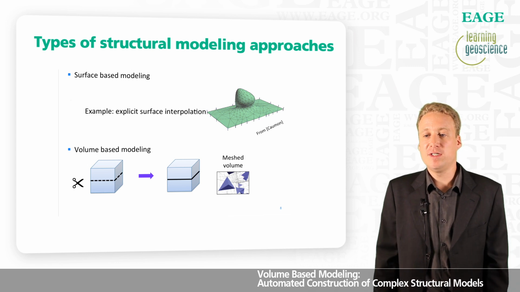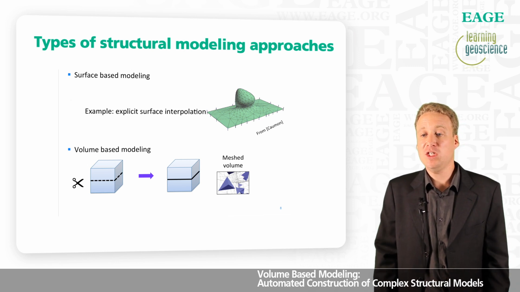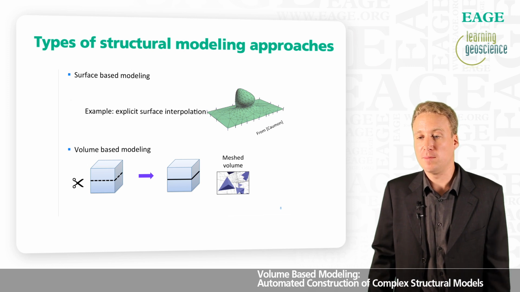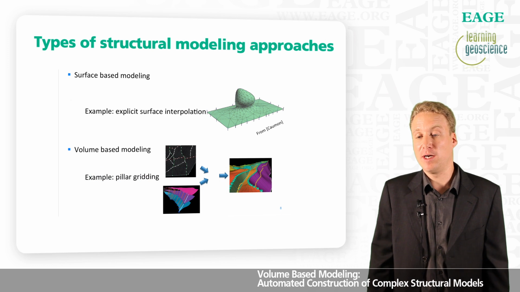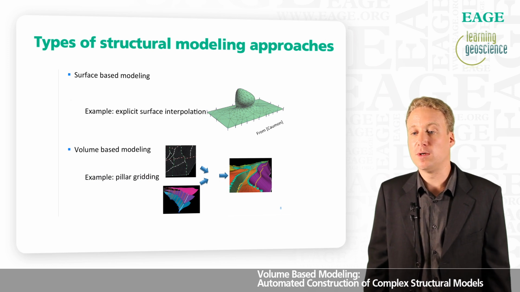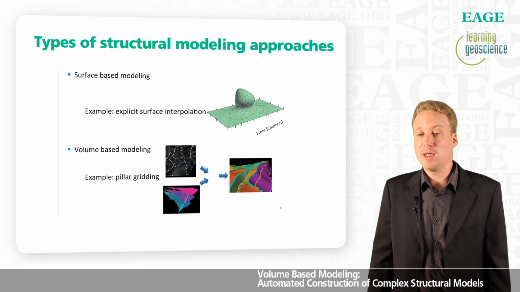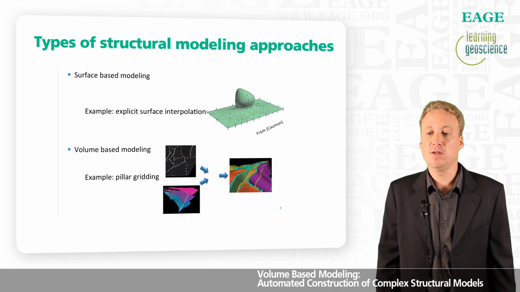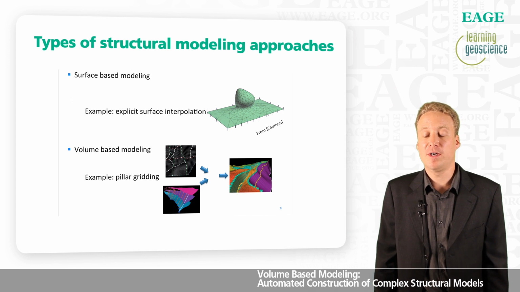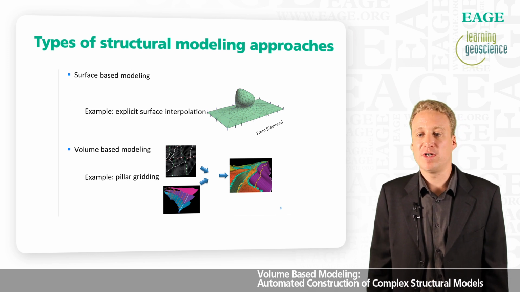The end result of this technique is a meshed volume that contains a volume mesh. An example of this technique is pillar gridding. In pillar gridding, what you traditionally do is extrude grid pillars from a 2D grid, and that's your volume mesh, and then you slice these pillars by horizon surfaces to produce the final structural model.